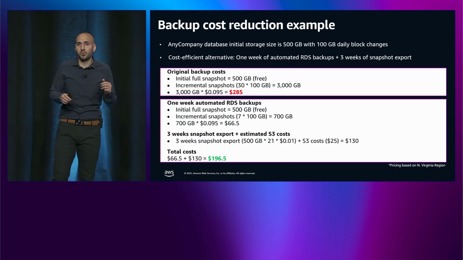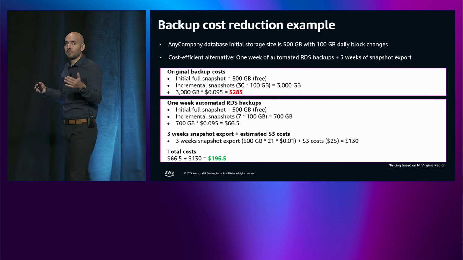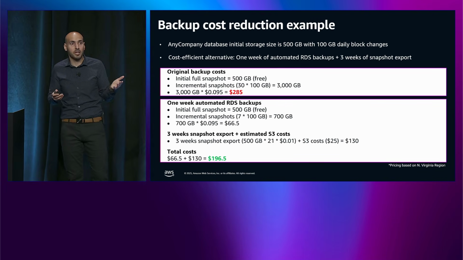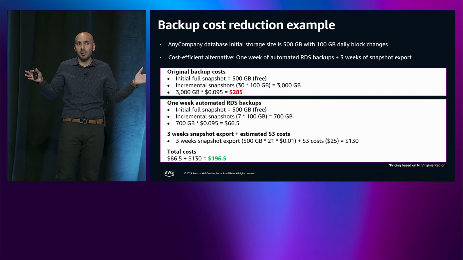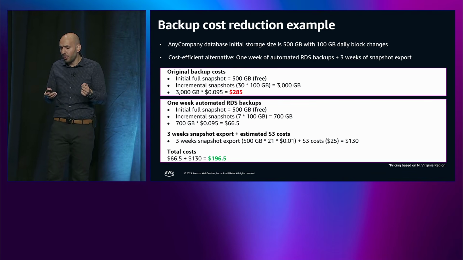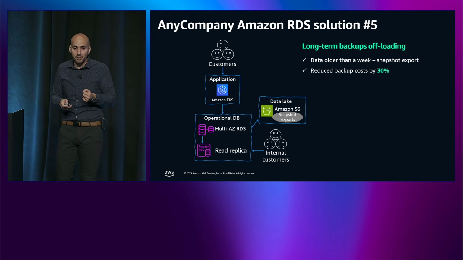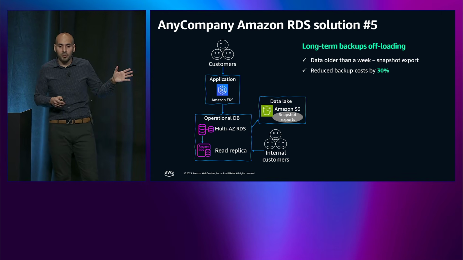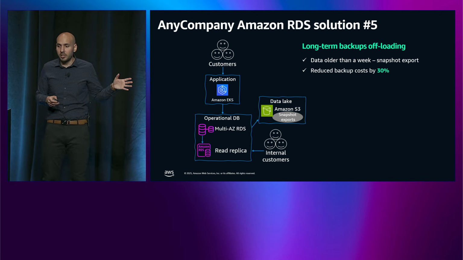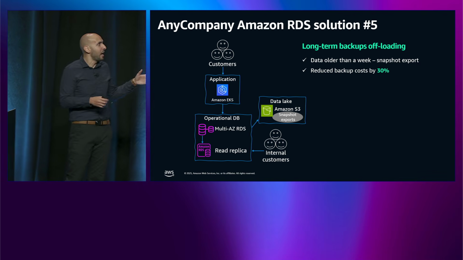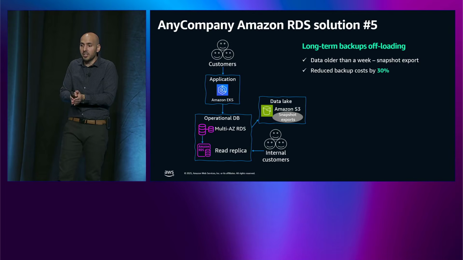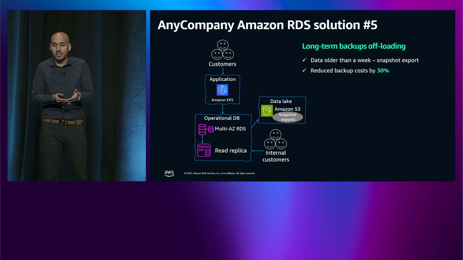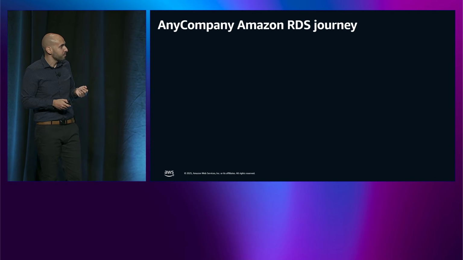And I've seen cases where we got 50% or higher reduction in backup costs just by leveraging this approach and not storing older snapshots that we don't really need. So there are ways to optimize backup costs as well. And this strategy provided a 30% cost reduction in backup costs, demonstrating how efficient backup data retention could lead to significant savings and still maintaining access and retention requirements.